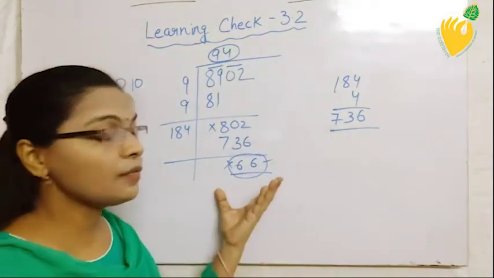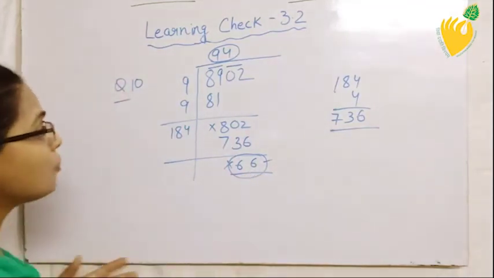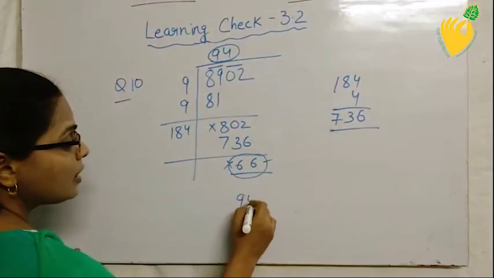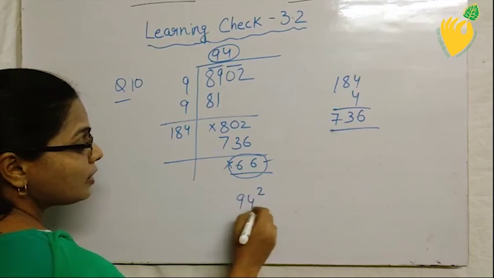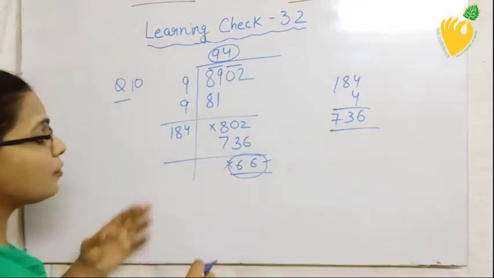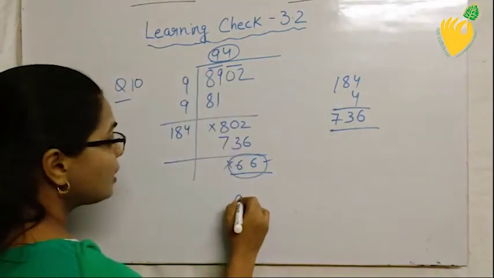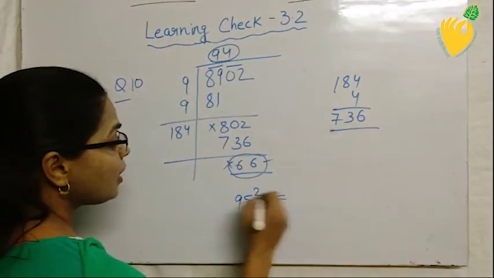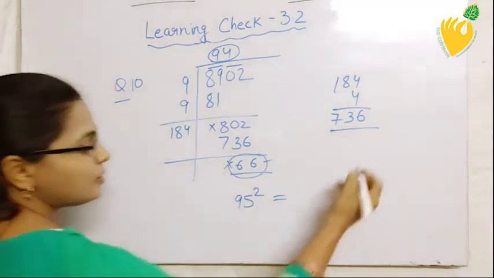Now students, here it is 66 in the remainder, and this is 94, and our approach is that we have to add to this number, not subtract. So what will we do, students? We will not take the square of 94, we will take the square of 95. What is the square of 95, students?